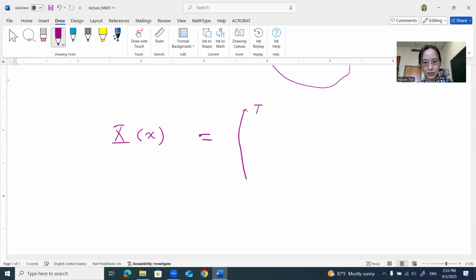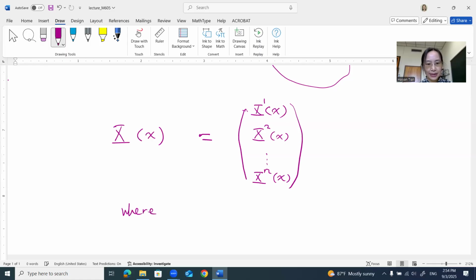For example, the first component can depend on x. The second component of the capital X, because the capital X is a vector in Rn, so we must have n components. And each one of them will depend on the vector x, where little x is from the open set. That is the domain of the mapping.